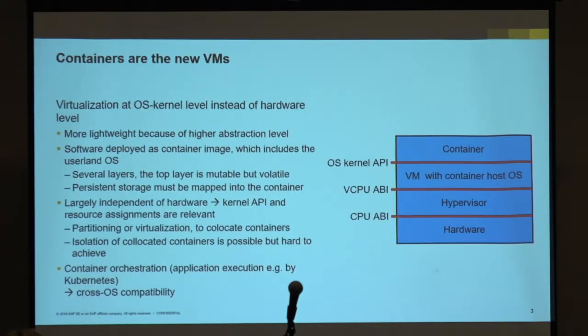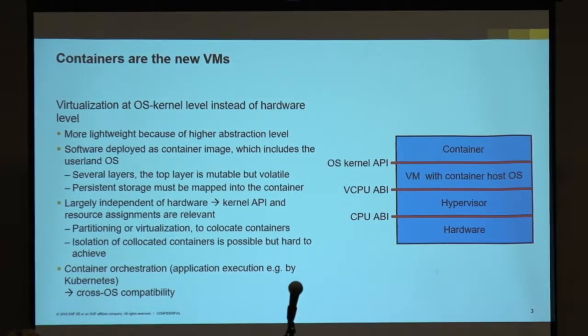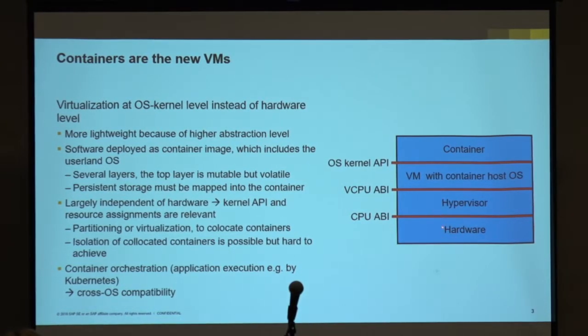Maybe some of you have heard about OS containers already, but basically my take is that they are essentially virtualization, but on a higher level than with the conventional hardware virtualization. On top of the hardware, nowadays we have a hypervisor with the CPU API as the interface.